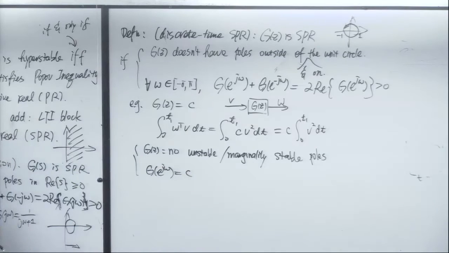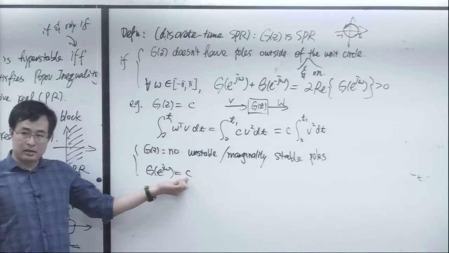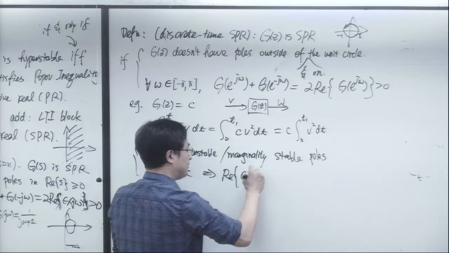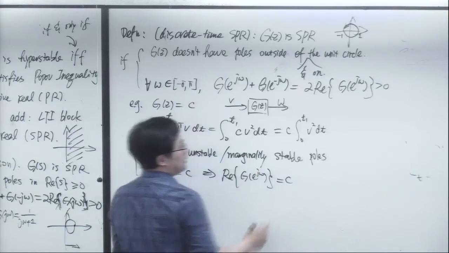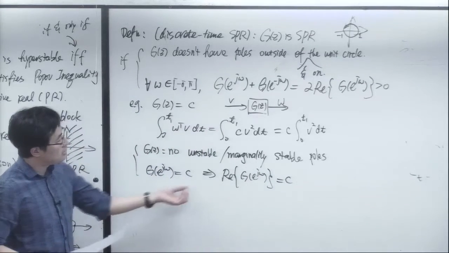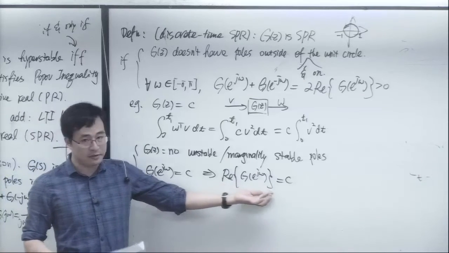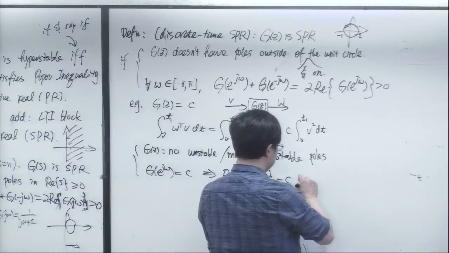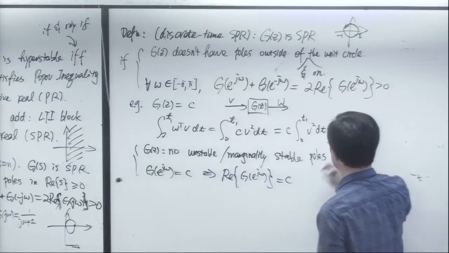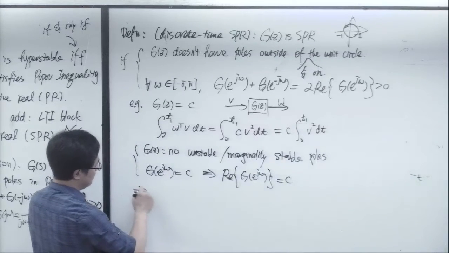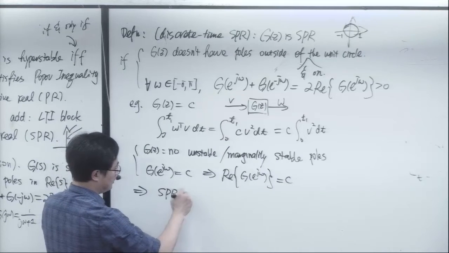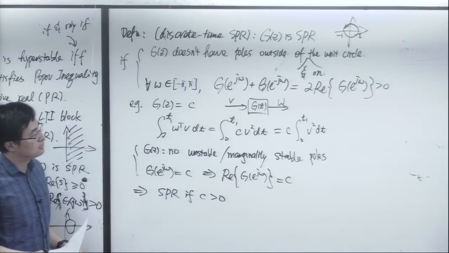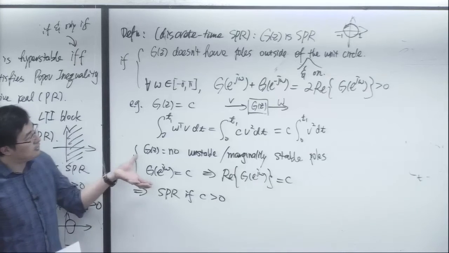It's always actually C. And then, therefore, the real part of the frequency response is C, and it's going to be positive. The system is going to be positive real if C is positive. Okay? So that's the evaluation of the criteria here.